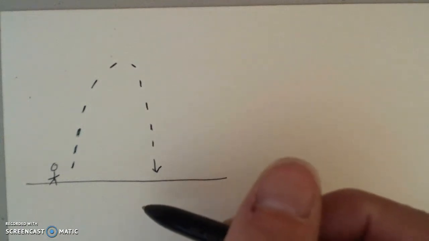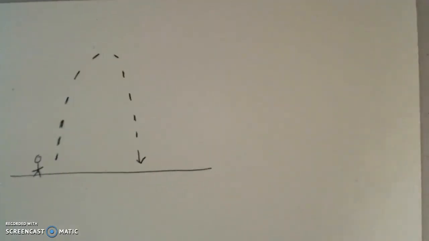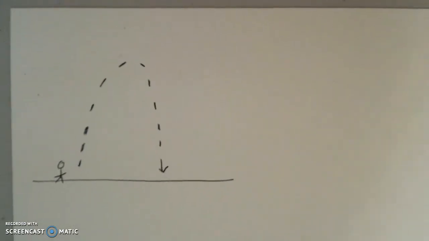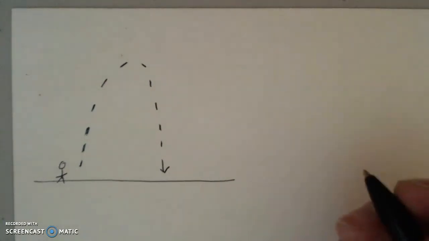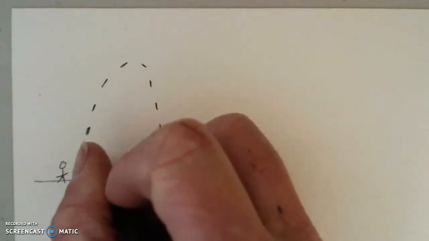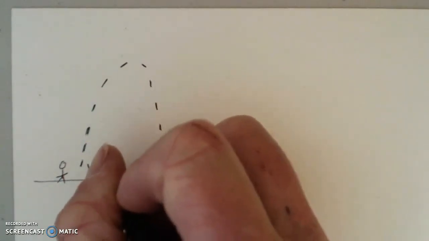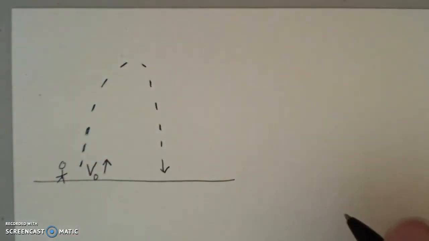And what I'm going to do here is teach you about a few things that you're always going to know for kinematic problems when we have a free fall situation. So if I write down here, I have some initial velocity vector that is pointing up, the velocity that the ball leaves the person's hand.